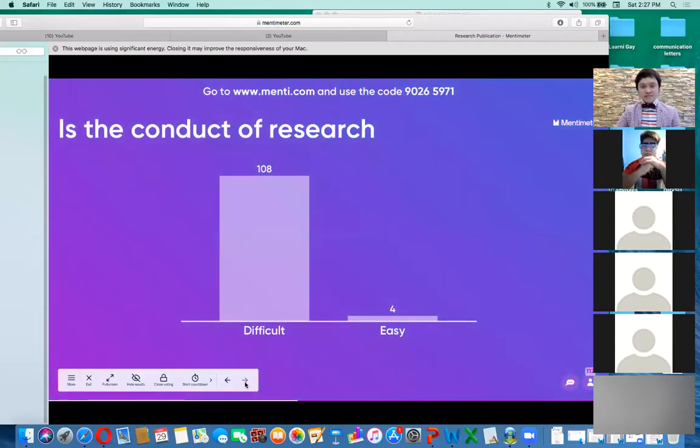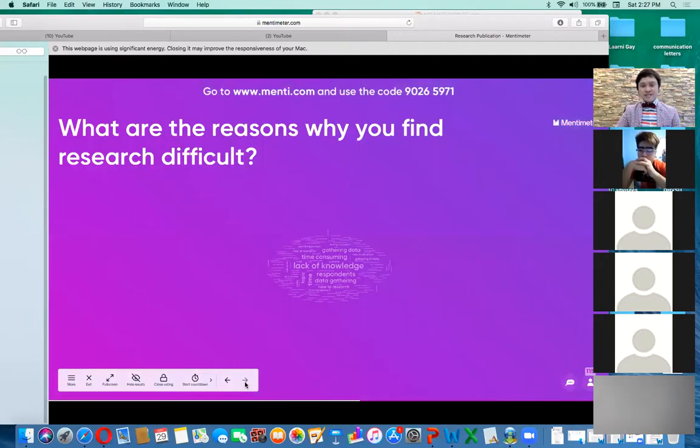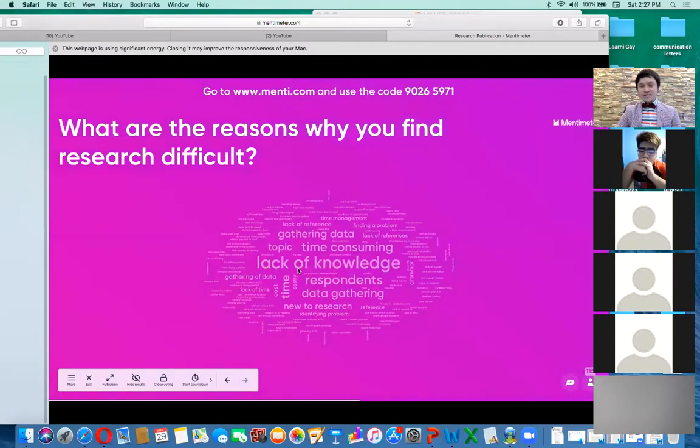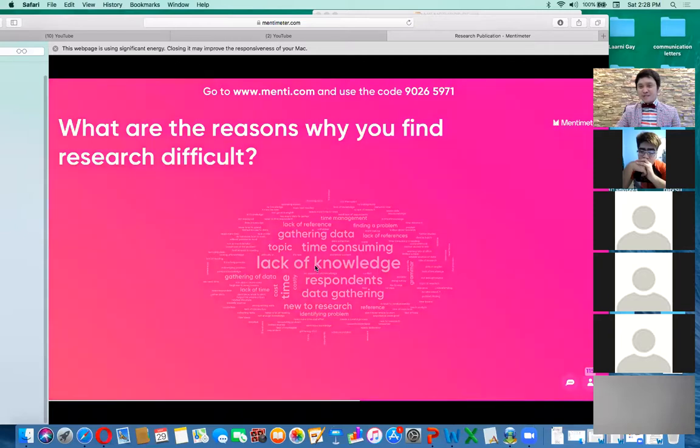Pero so far, based on our discussion, sabi niyo ngayon, nadagdagan yung knowledge ninyo. So itong lack of knowledge na to, later on, may erase to kasi at the end of the semester, tatanungin ko na kayo ngayon kung present pa rin itong lack of knowledge. Later on yan.